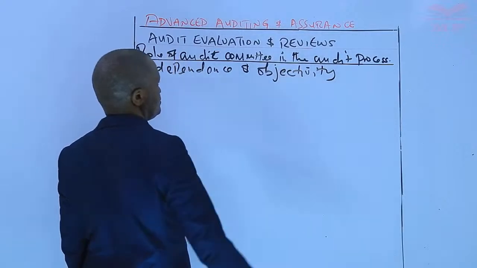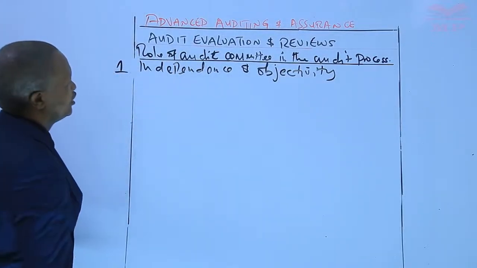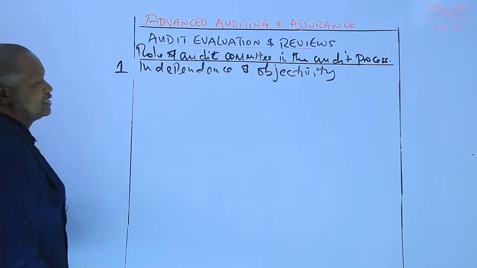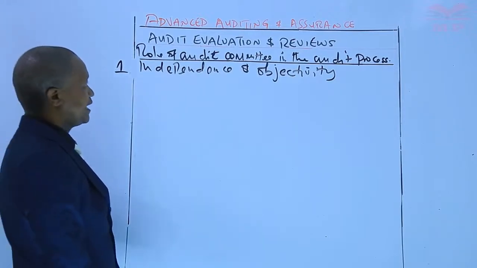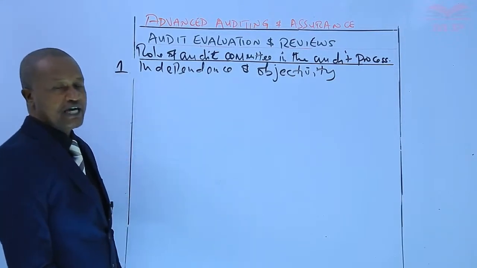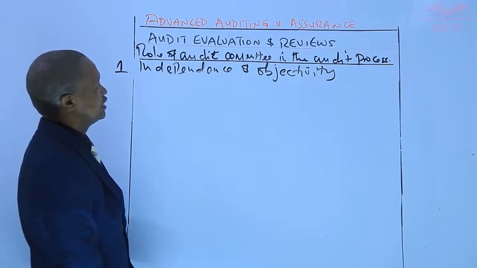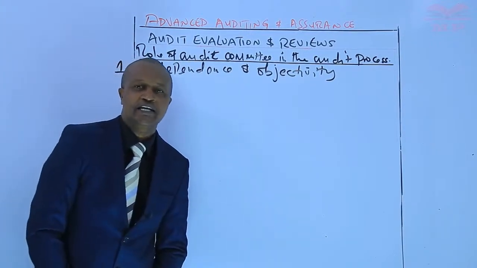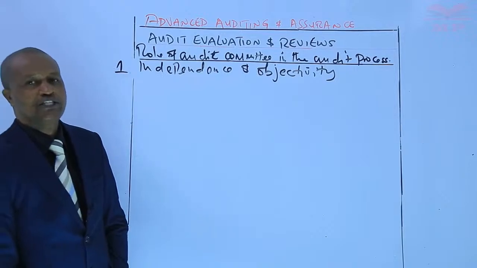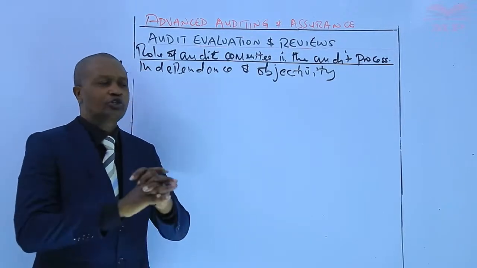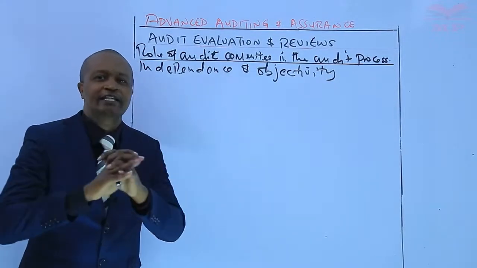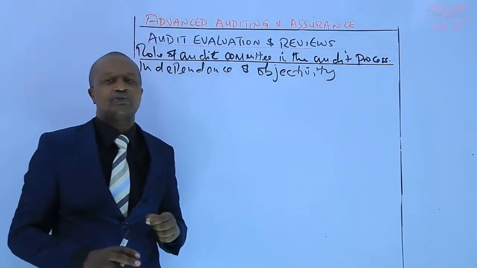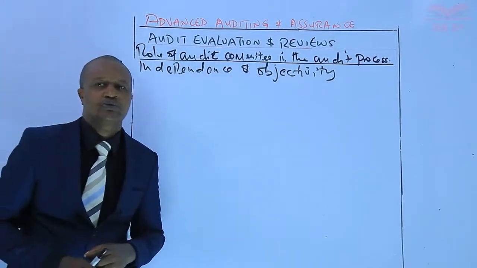Now, candidates, an audit committee is a committee that is set up by the board of directors, and the members who sit on the audit committee are non-executive directors. An audit committee consists or should consist of independent directors who are not involved in the day-to-day operations of the organization.